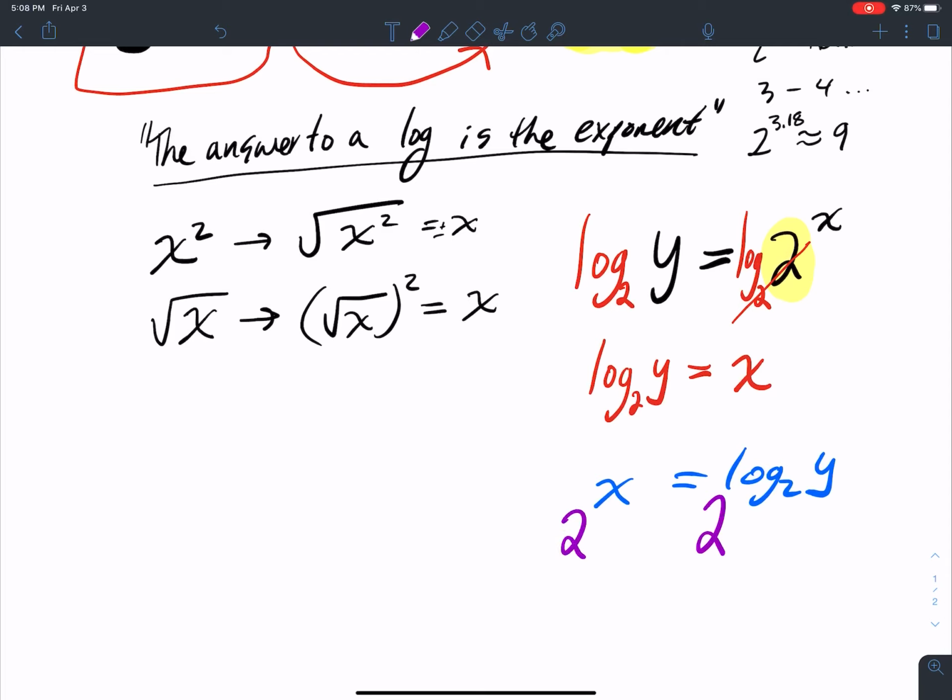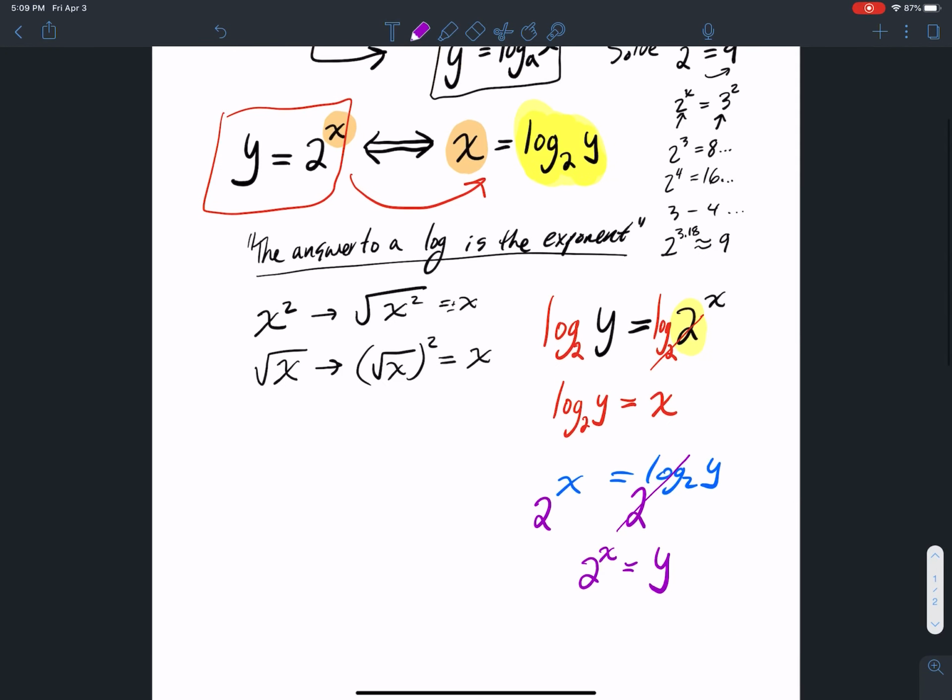So we have a base 2 here, and so that cancels your log base 2 with the base 2 here, and you get y equals 2 to the x. So not only does it work going from one to the other, it works from starting here and going back over this way. That's how inverses work for each other, okay?